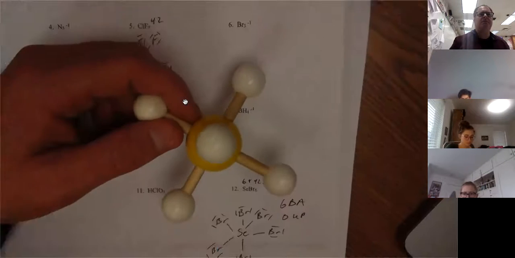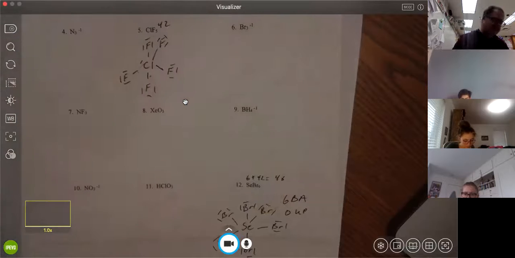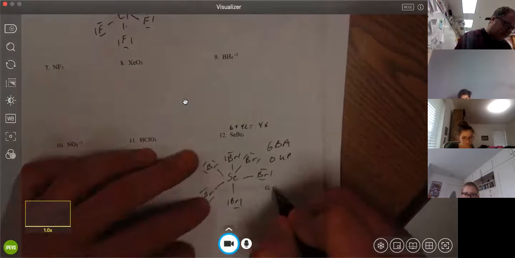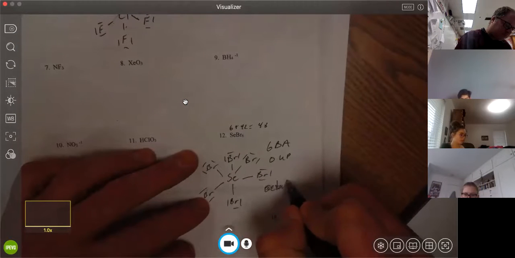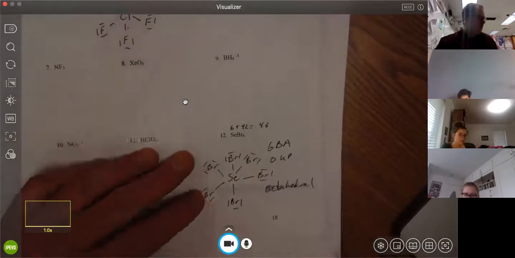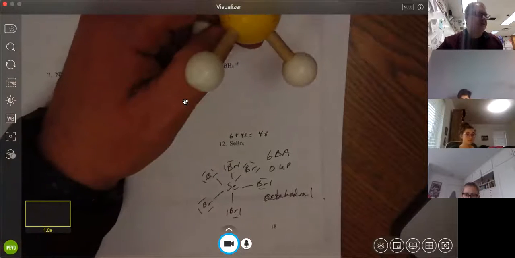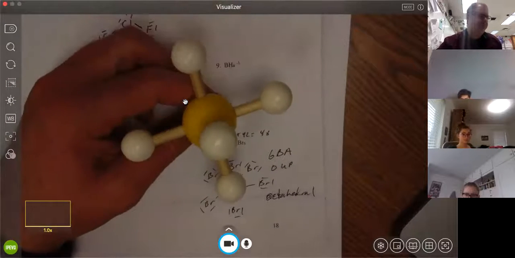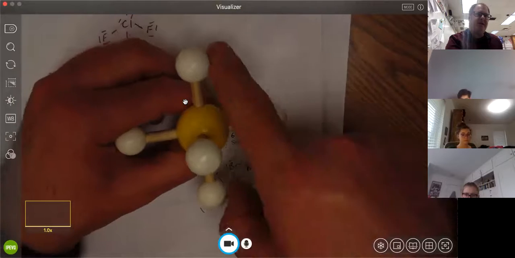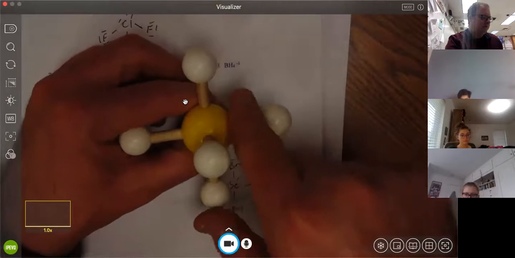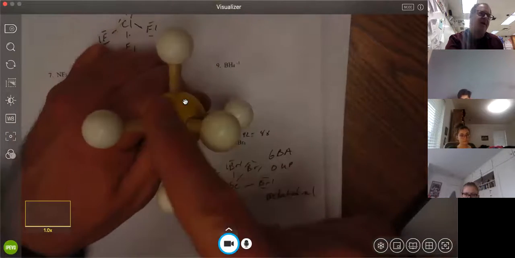So that is octahedral. If you look at octahedral, you see several different angles. You see the 90 angle right here. You also see the 180 angle right there.